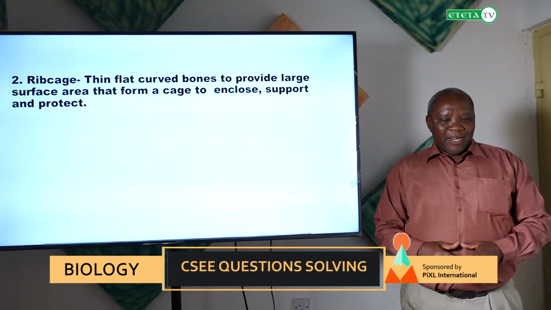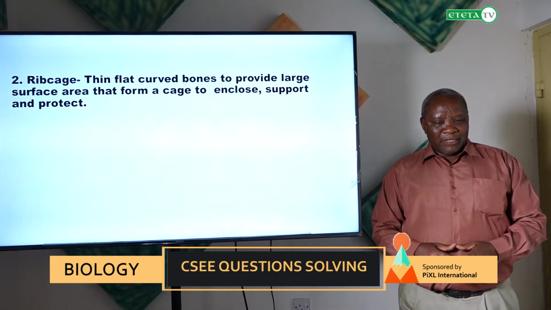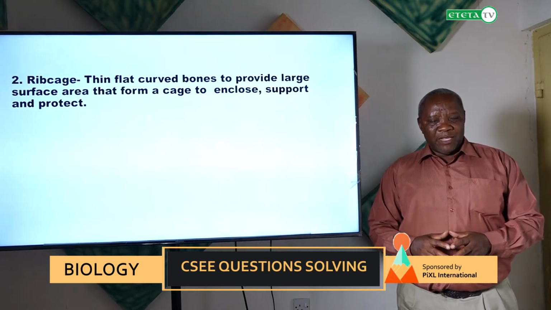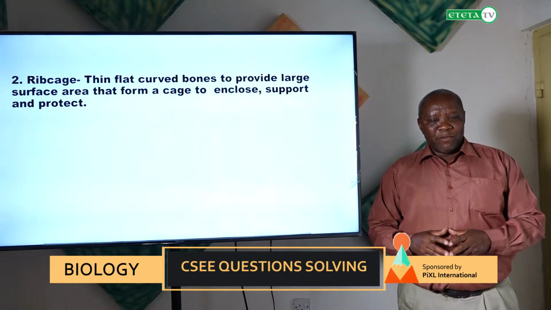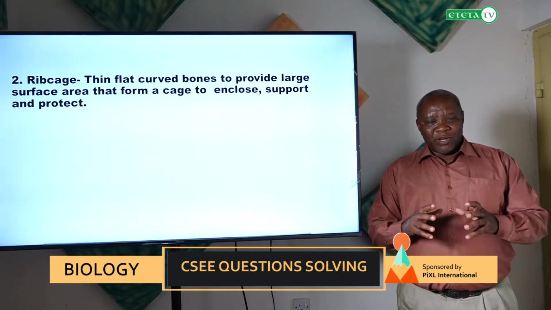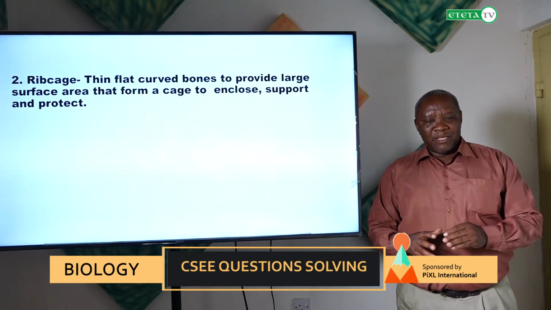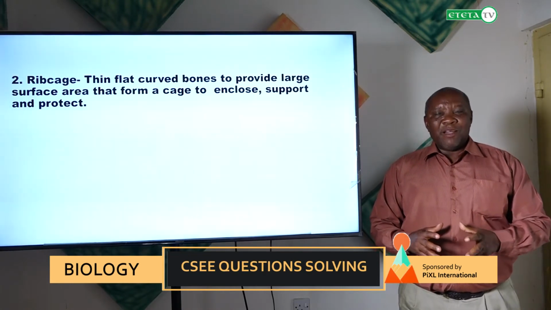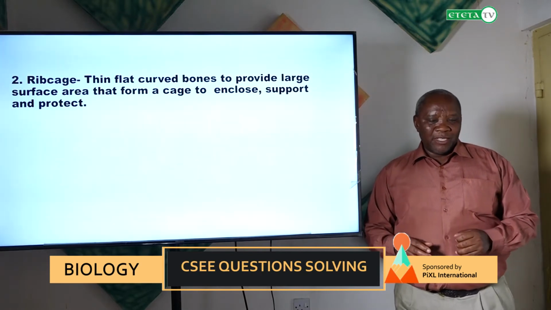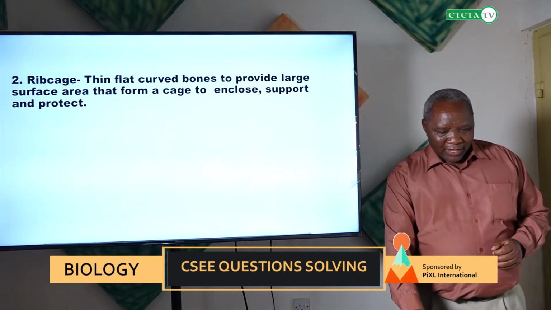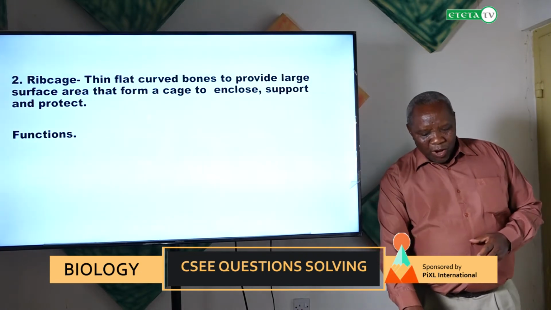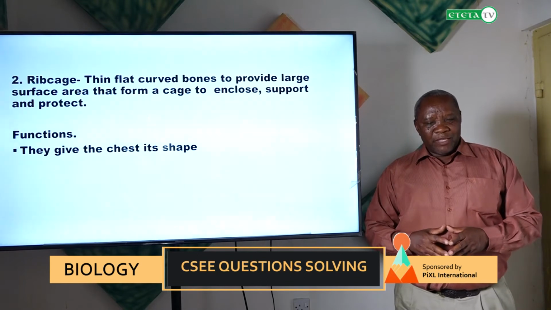Second, let us discuss a little bit about the rib cage. These are flat and curved bones which provide a large surface area that forms a cage to enclose, to support, and to protect. This structure enables this part to help the axial skeleton perform its normal function. The main functions of the rib cage: one, they give the chest its shape.